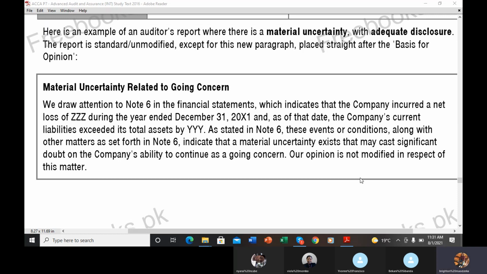Going concern is based on assumptions, so management makes them, but you as an auditor should report on that. Even where management has adequately disclosed, if there's adequate disclosure, you should report on that. This heading should be placed under the basis for opinion. I'm sure you said where there is a material uncertainty with adequate disclosure.